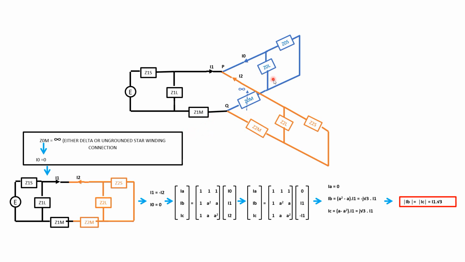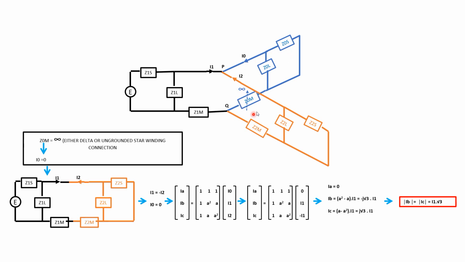What we know about this model is that in motors, because we have either delta or ungrounded star, there is infinite zero sequence impedance. So if we put infinity here, this blue circuit can be omitted.